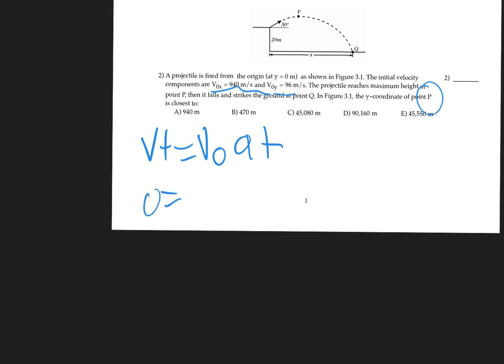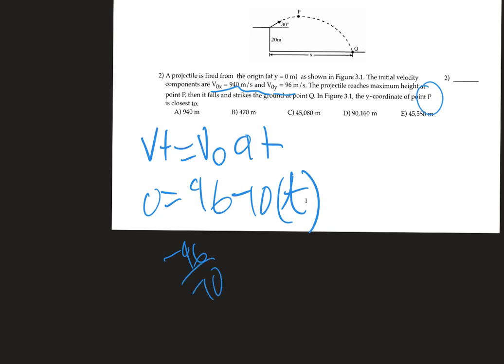So 0 equals 96 divided by 10, negative 10 with a t. That gives us 9.6 for the time, right?